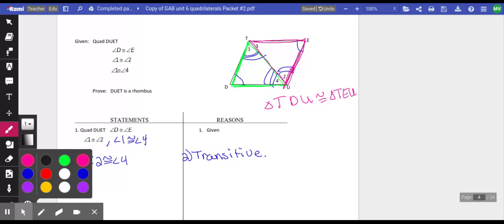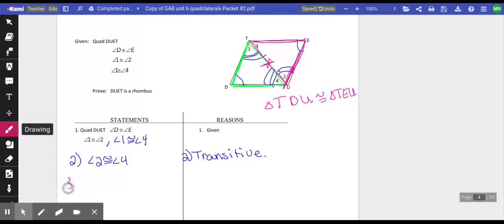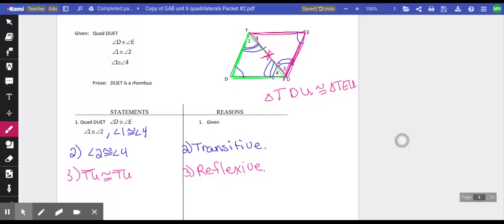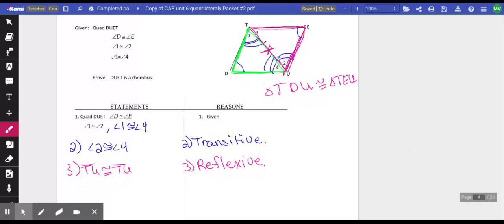And I know that because I know TU is congruent to TU, and that's reflexive. And then I know those 2 triangles are congruent by angle, angle, side.